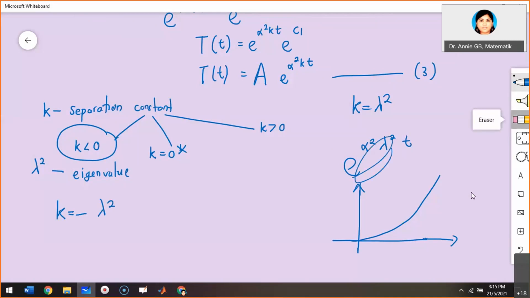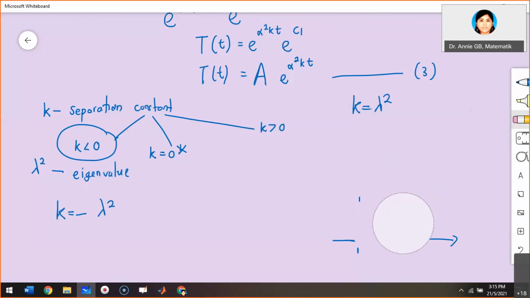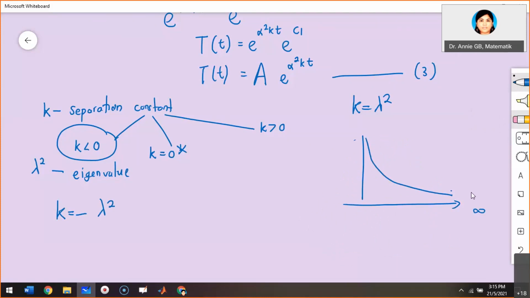So that we can have the graph that solution T akan goes to 0. Okay, graph saya kalau dia negatif, graph eksponen negatif macam ni kan? When T approach infinity, kita punya solution akan approach 0. That's why we're going to choose k equals to negative lambda squared.